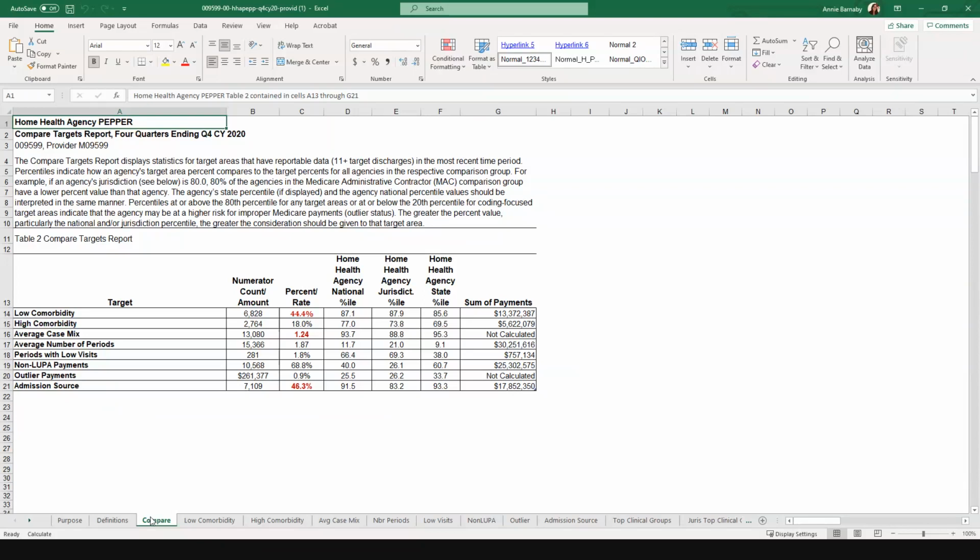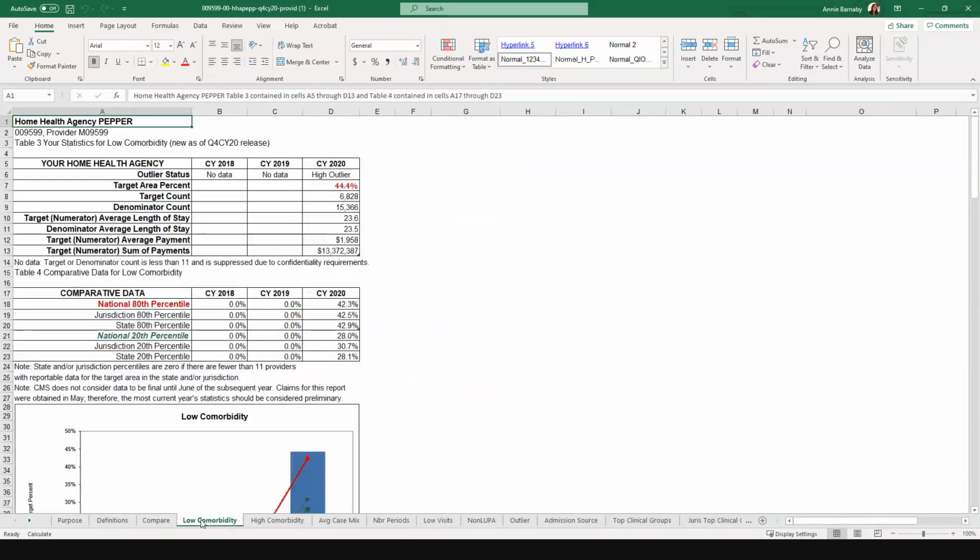So this kind of just gives you a roundup of, again, more general information about your reportable data for each of those target areas. And then as we move forward in the tabs, we start in with each of the target areas.